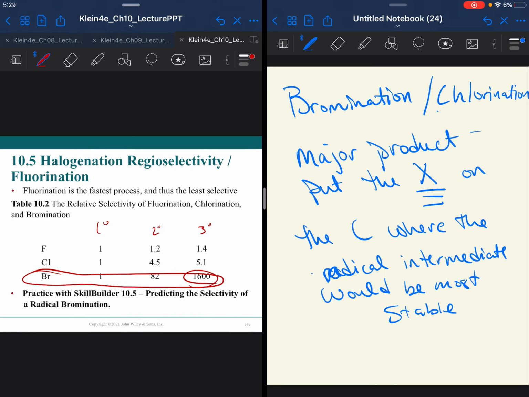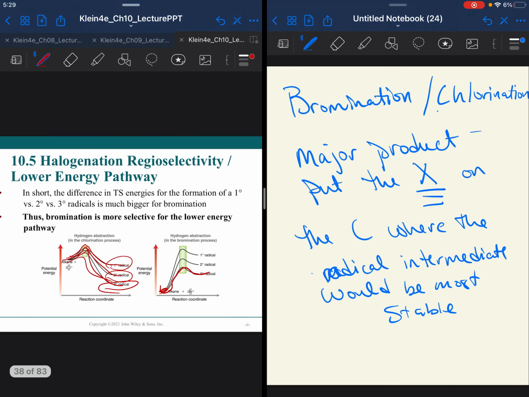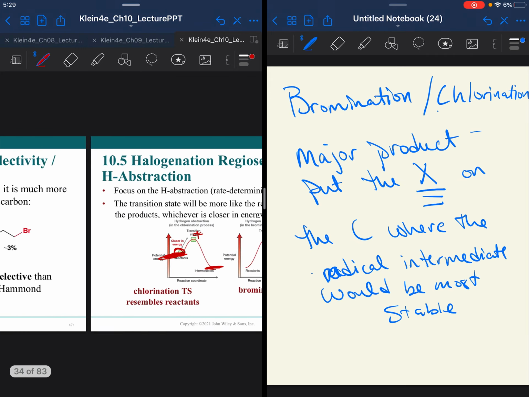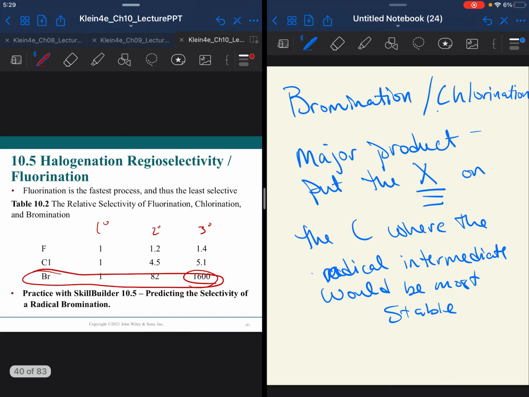All right, 1,600 times faster at that tertiary position. And again, that has everything to do with the stability of the intermediate. I think that 1,600 came from another slide. All you need to know: chlorine works, but the ratio of products is not super selective. Bromine works well, very selective for a major product.